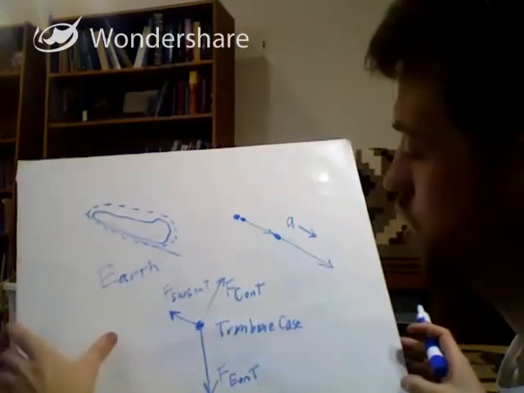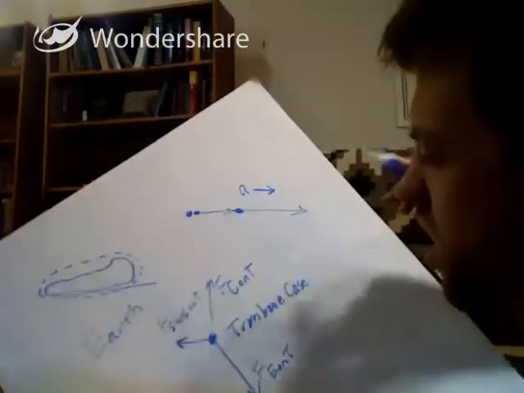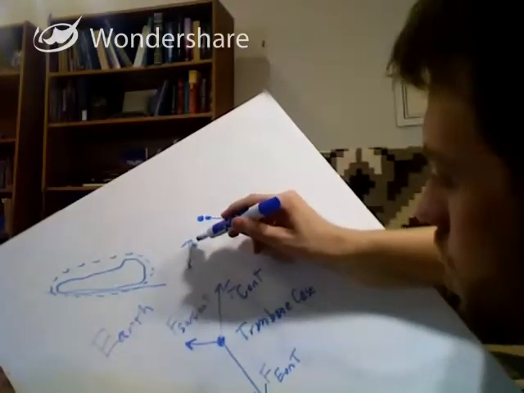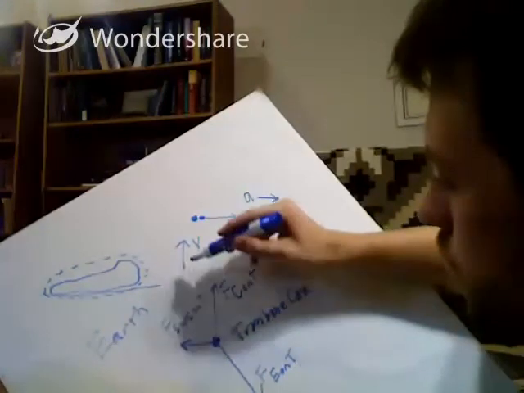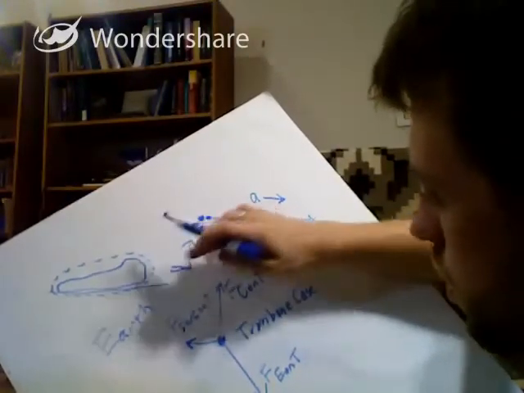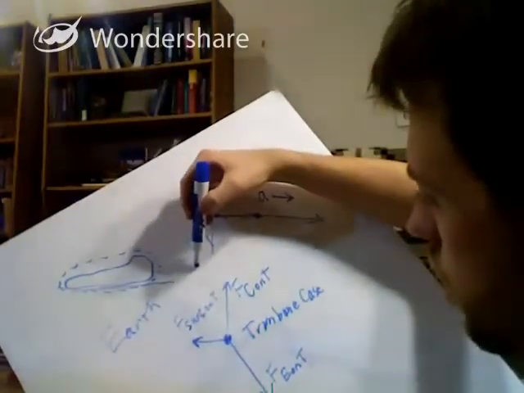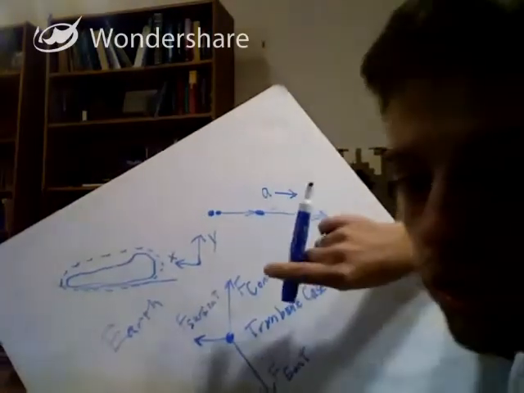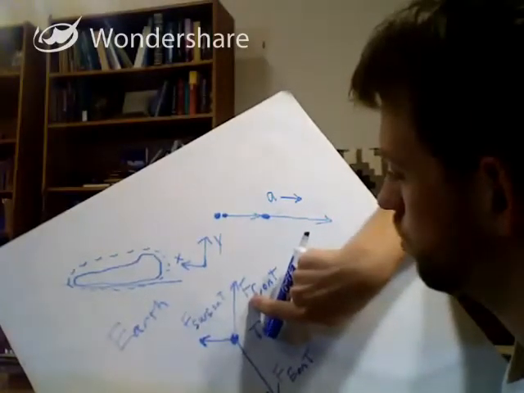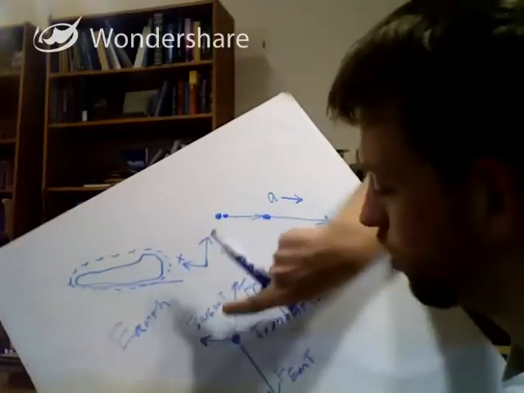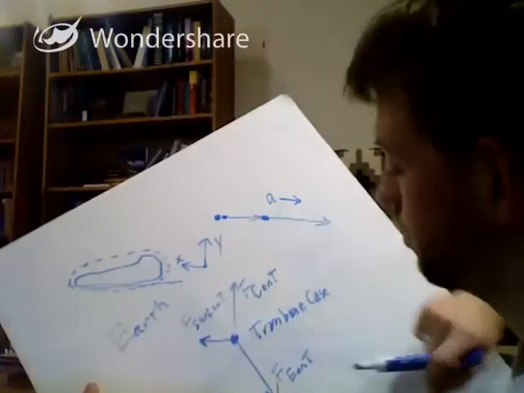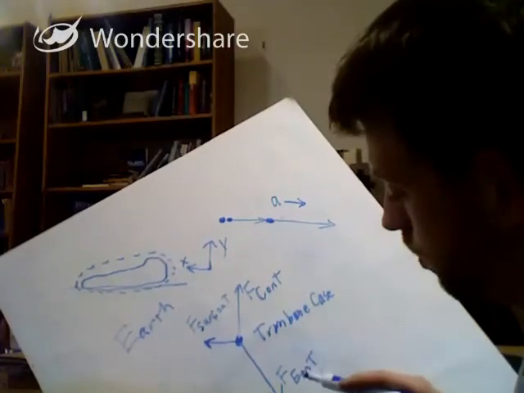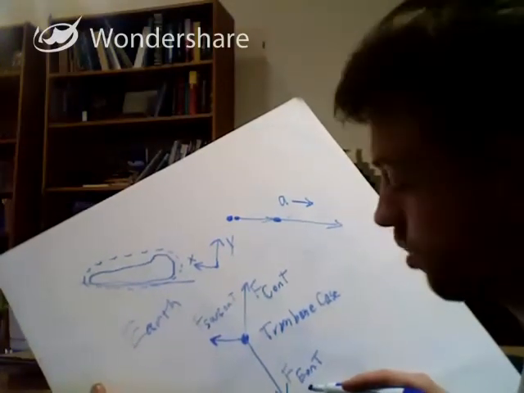Now I'm going to rotate this because I'm deciding to use this as the positive y direction. I'm trying to use this as the positive x direction. So according to that, the normal force is in the positive y direction, and the horizontal force is in the positive x direction. Now let's break apart the components of the vector representing the force the Earth exerts on the trombone case.